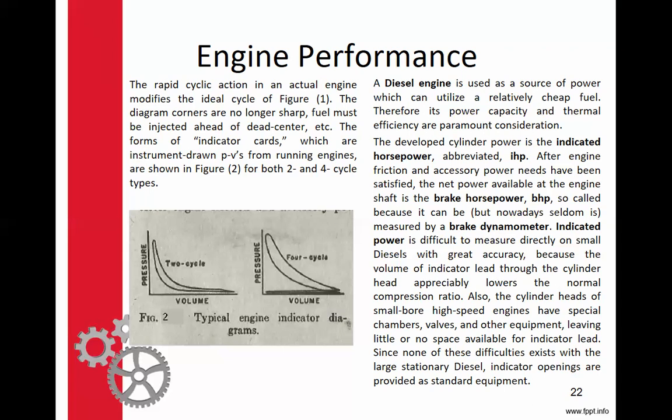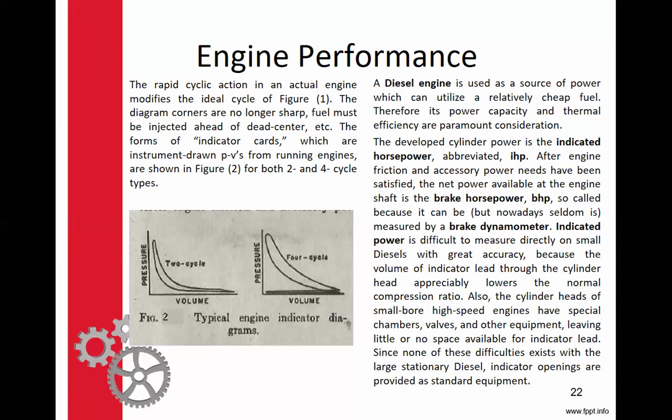So indicated power is difficult to measure directly on a small diesel with great accuracy because the volume of indicator lead through the cylinder head appreciably lowers the normal compression ratio. Also, the cylinder heads of the small bore high-speed engine have a special chamber, valves, and other equipment, leaving little or no space available for indicator lead.